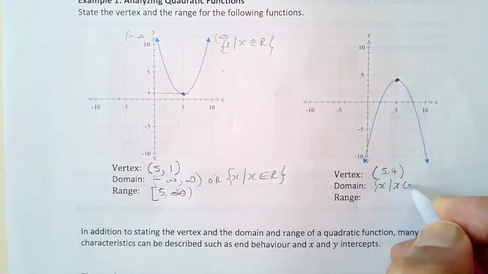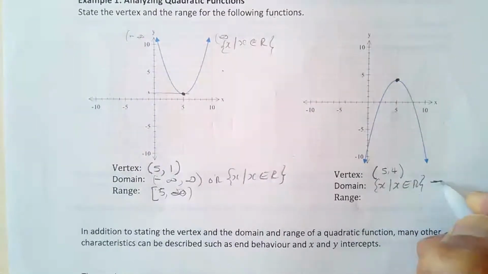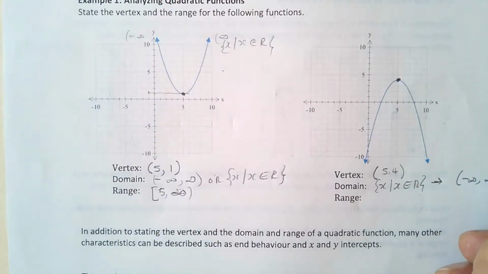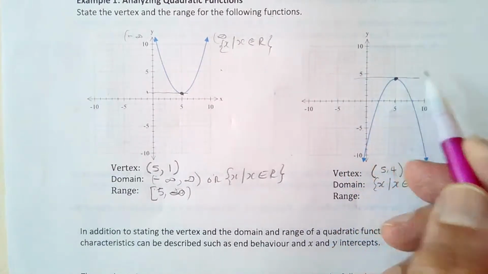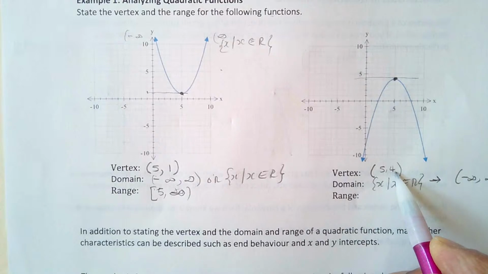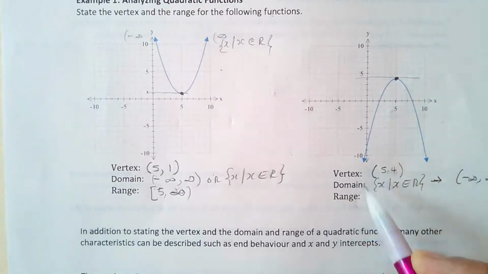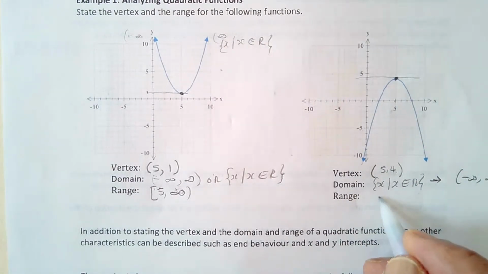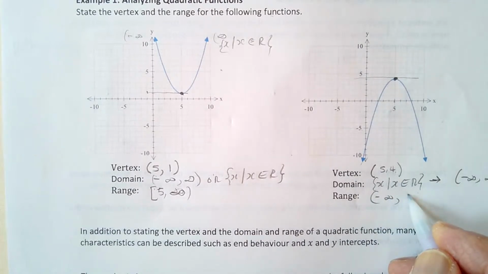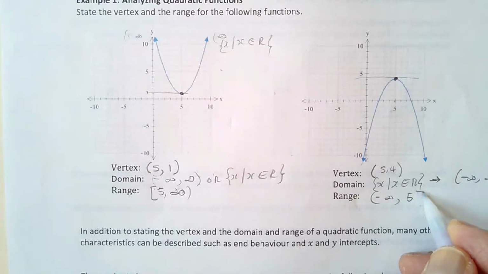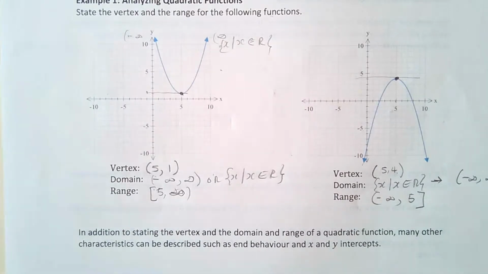So x is a set of real numbers, or negative infinity to infinity. Now your range is different because your maximum point now is 4. Your minimum is negative infinity. So we say it's from negative infinity to 4, including 4.